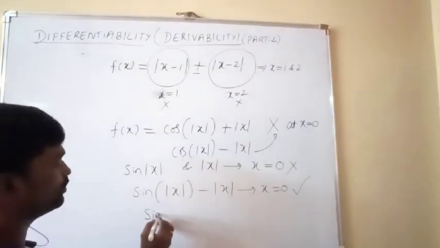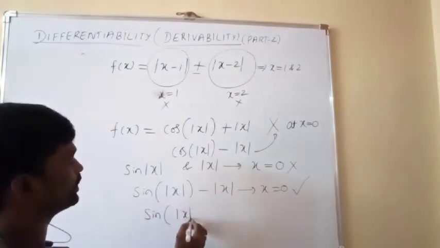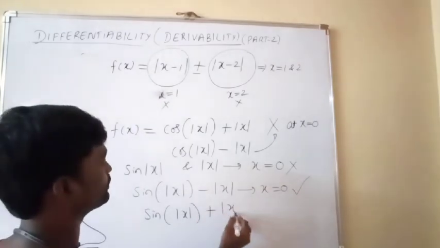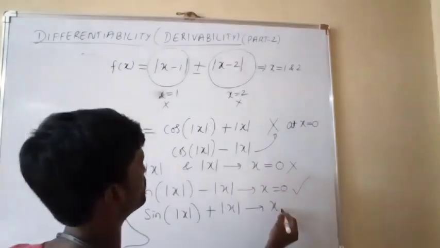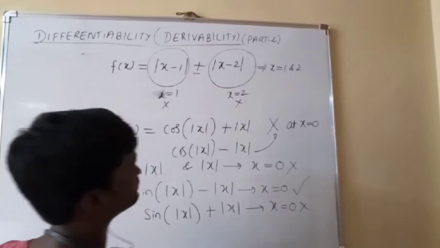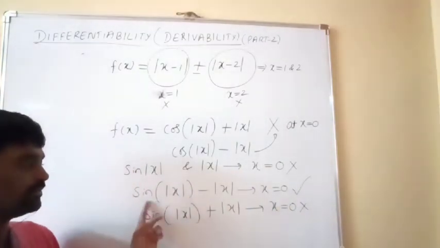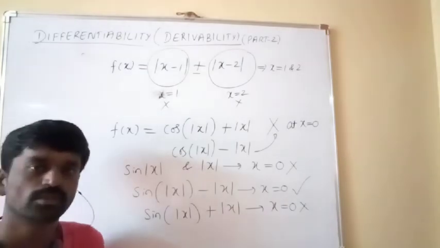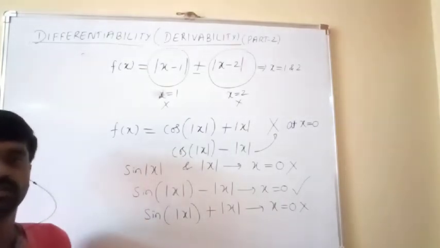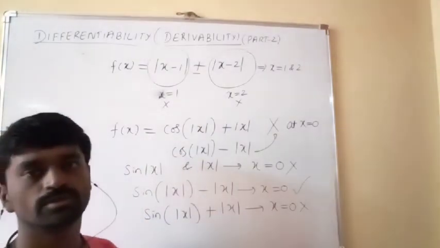And sine of mod x plus mod x is not differentiable at x is equal to 0. See, here both f and g are not differentiable, but f minus g is differentiable, while f plus g is not. That means we can't say anything about f plus g, f minus g, or even f into g.